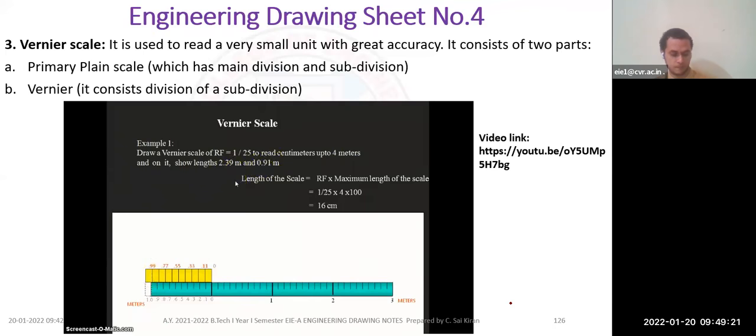So for that, first we consider 2.39. For representing this 2.39 on this Vernier scale, first we need to subtract the 9 related value on the Vernier scale. So here the 9 related division is 0.99.